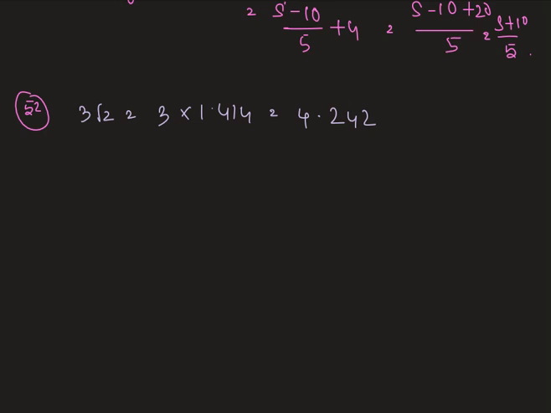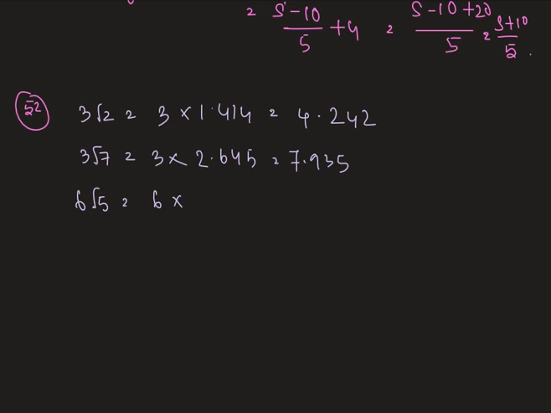Now the next one is 3 root 7. That means 3 into 2.645, which results in 7.935. The third one is 6 root 5.